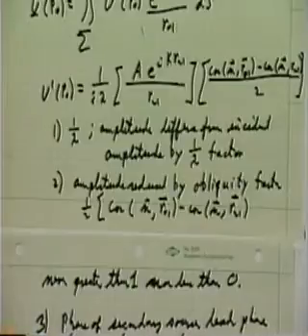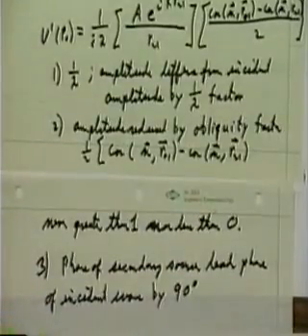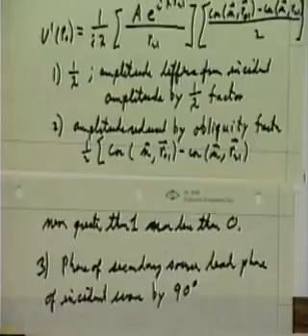So are you happy with the Fresnel-Kirchhoff diffraction formula? Was all the pain and suffering we went through to get it worth it? Yes, question? Do you need an explanation for why the secondary sources are 90 degrees out of phase? No. The question is, do I have a good explanation as to why these secondary sources are out of phase by 90 degrees? And the answer is no, I don't have one.